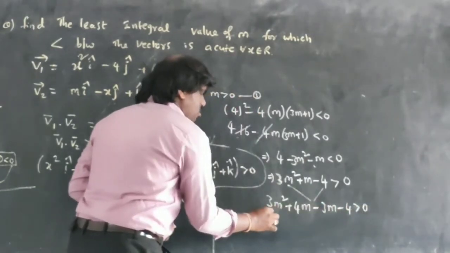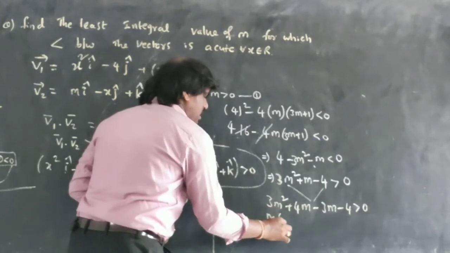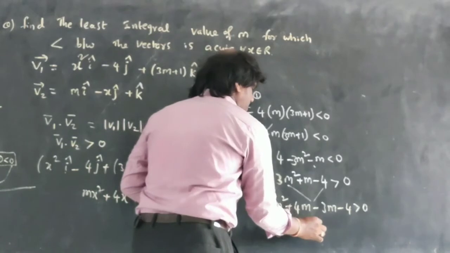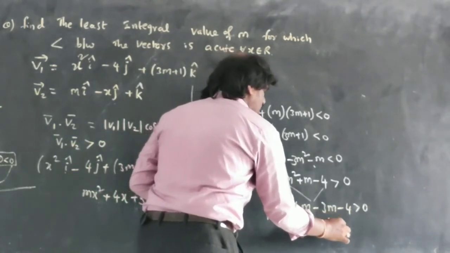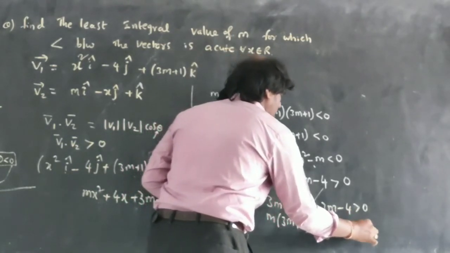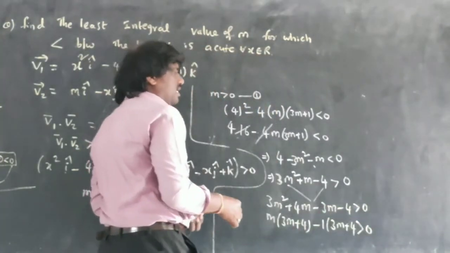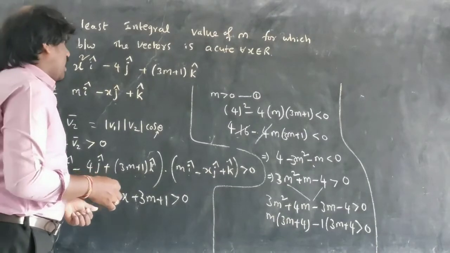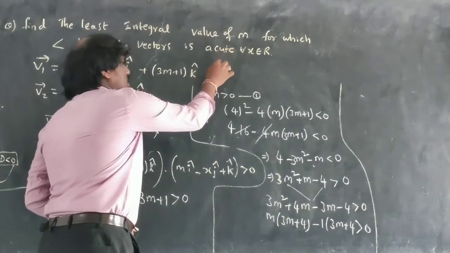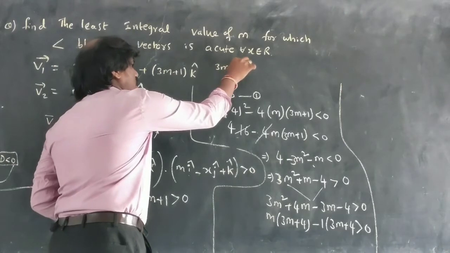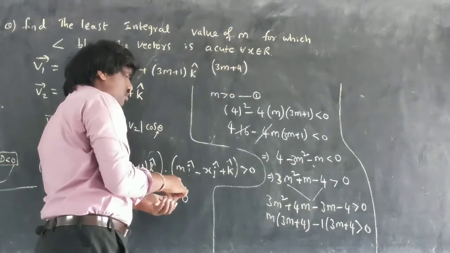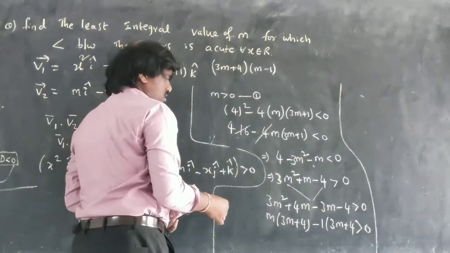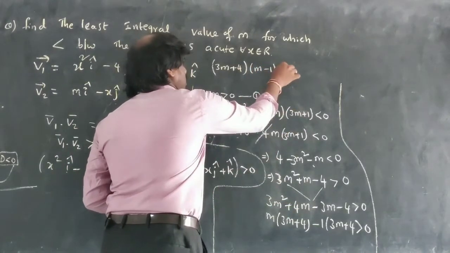And I can take m common out. I can write as m (3m plus 4) minus 1 (3m plus 4) greater than 0. It means I am getting the roots here. On the top I am writing (3m plus 4) into (m minus 1), and these two are greater than 0.